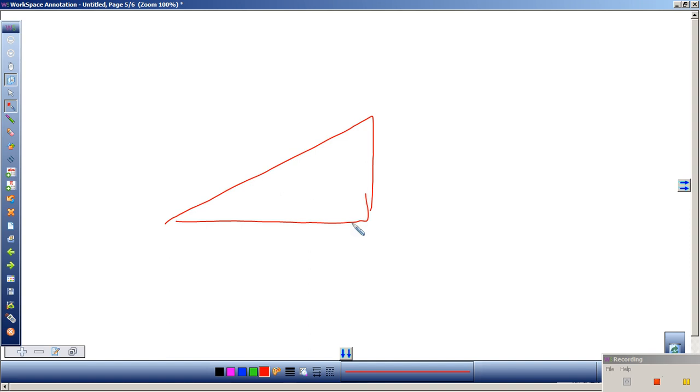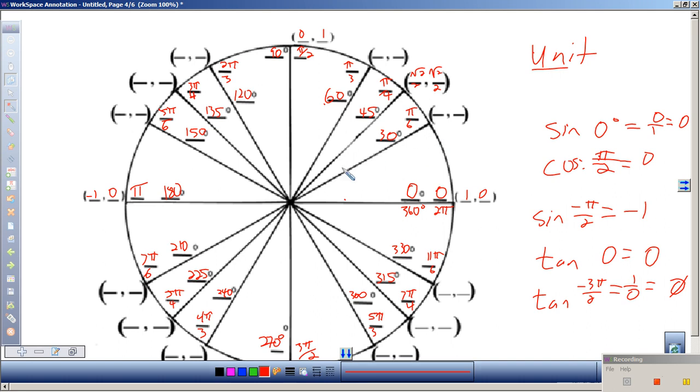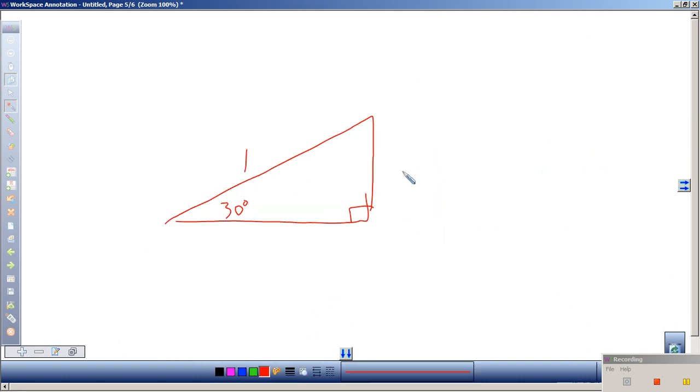Where we know this is the right angle here, it is 30 degrees. This is 1, because it's the radius. Does everybody see where that's coming from? Because we're looking at just this triangle right here. So we drew this straight down. How long would this side be? Half, because the shorter side is half of the longer side.